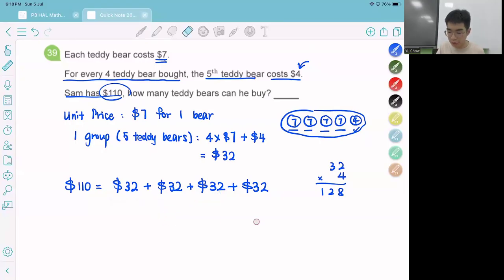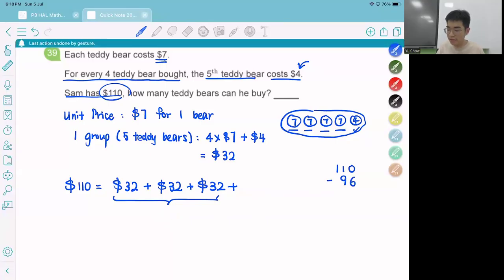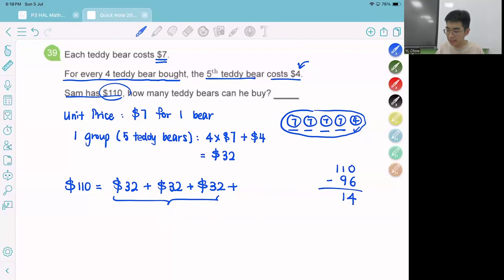So after buying three groups, unfortunately he doesn't have enough for the fourth group. How much money does he have left? We have 110 minus 32 times 3, which is $96. If I subtract 96 from 110, you will get $14. So he has an extra $14.